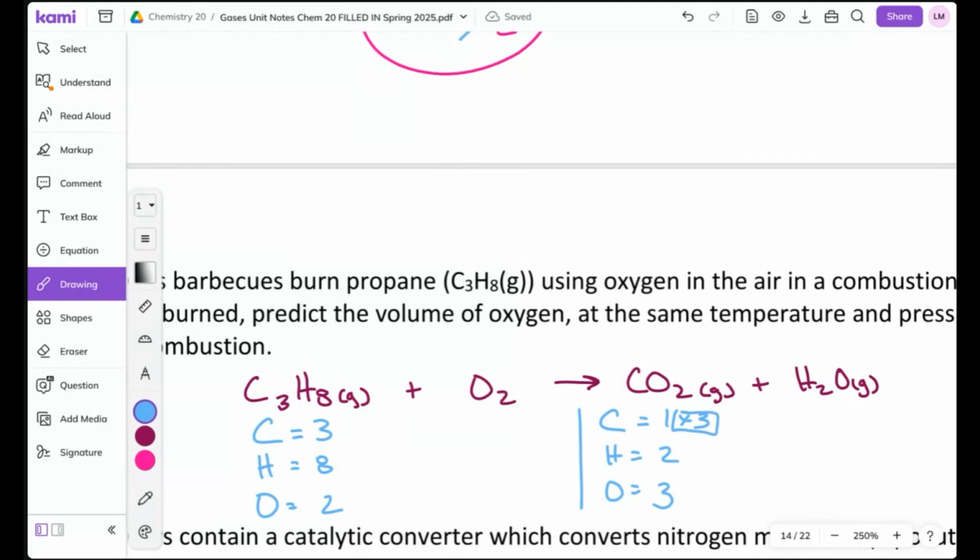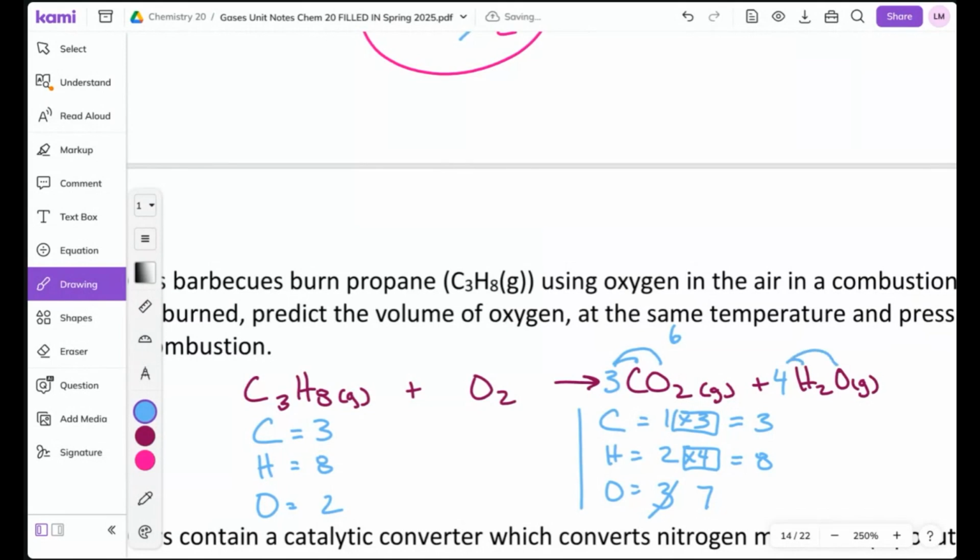So let's multiply carbon by 3 to make that the same. Now this 3 doesn't just affect carbon, also affects oxygen. So we have 6 oxygens coming from here and then 1 coming from water vapor. So 6 plus 1, that's 7. Okay, now let's move on to hydrogens. So if I go 2 times 4, that'll give me 8. So 4 right there. Now that 4 doesn't just affect the hydrogens, it also affects the oxygen.